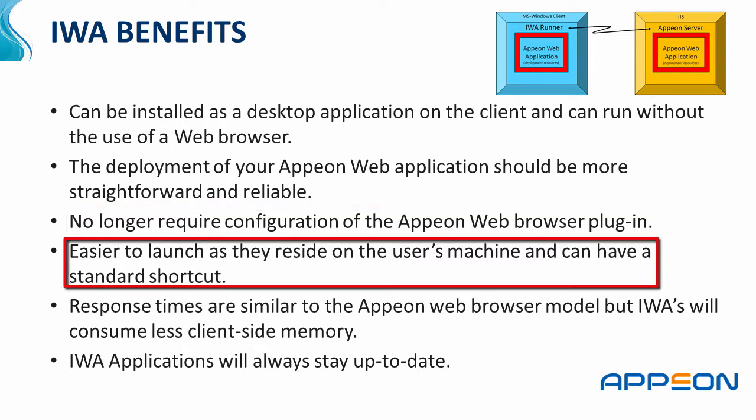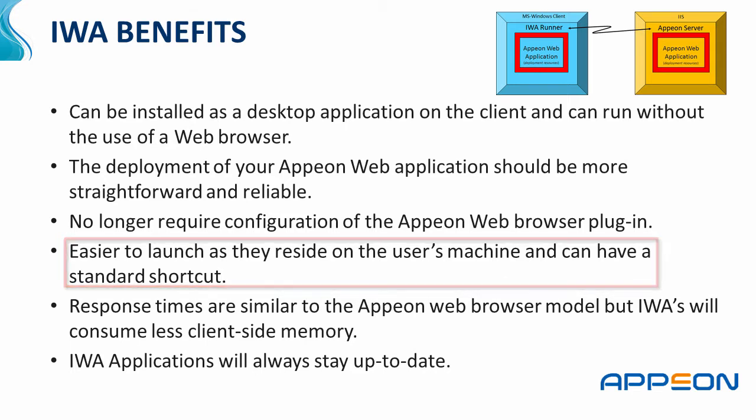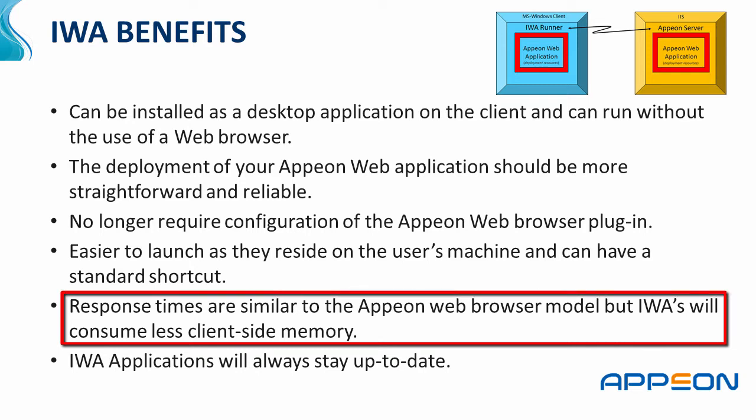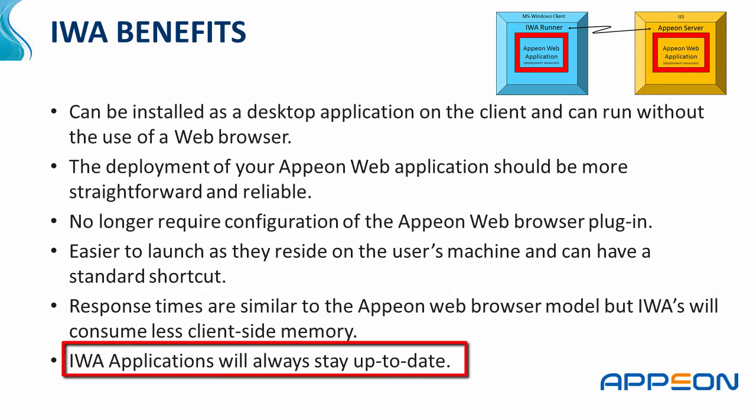It's easier to launch, as on the client's machine, you can have a standard shortcut to run the IWA Runner and launch the appropriate Appeon web application, just like a Win32. Response times are similar to the Appeon web browser model, but IWA's model will consume less client-side memory. And of course, the big bonus is IWA applications, just like the web browser-based model, will always stay up to date if there are any changes in the deployment to the Appeon server.